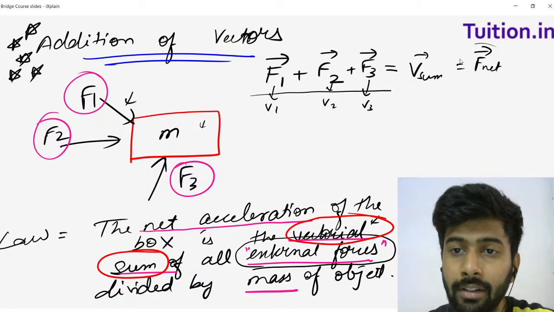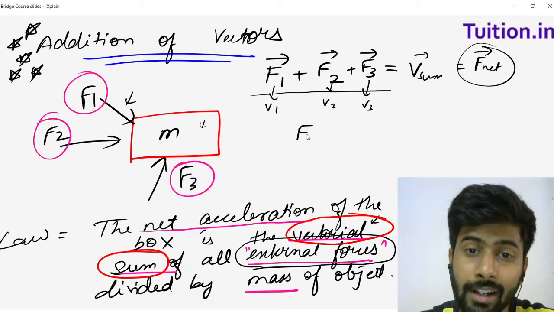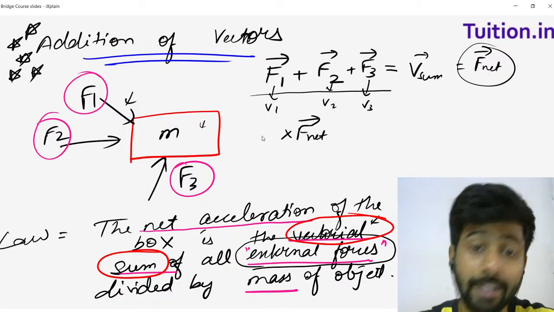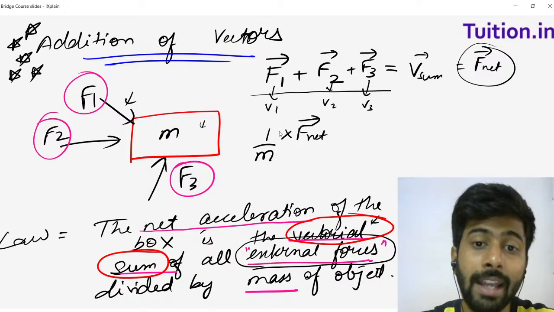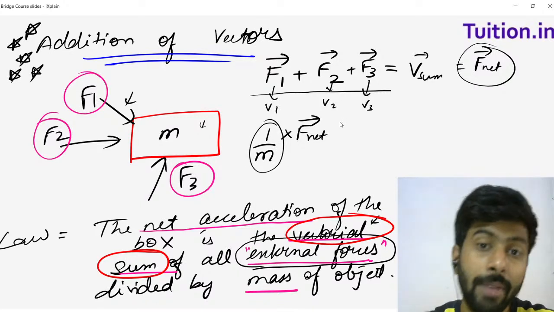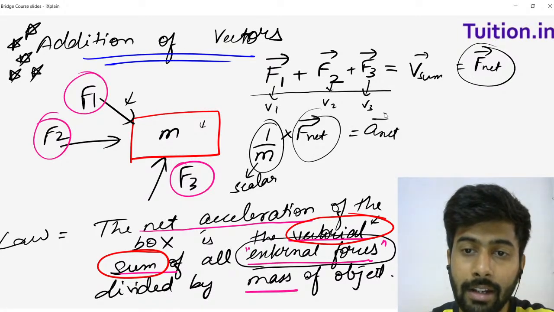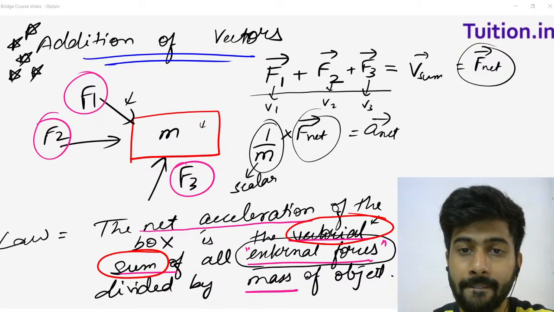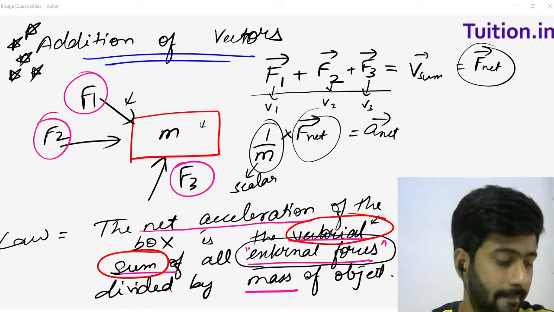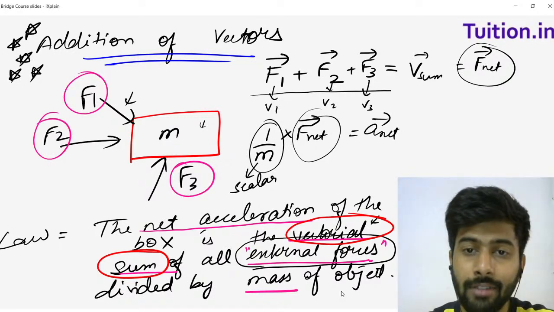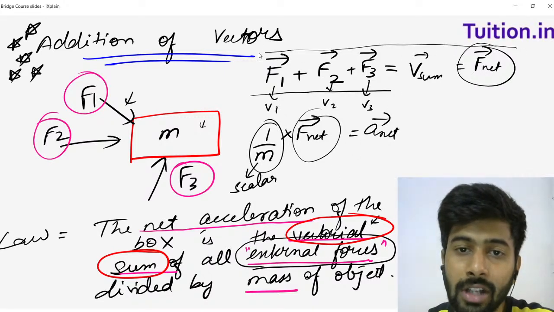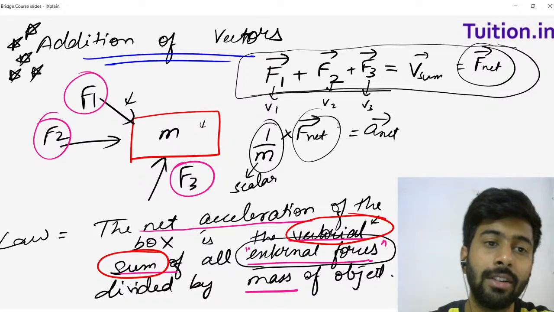This F net is a new vector which has to be multiplied with a scalar, 1 by m, 1 by mass, and only then will I get my net acceleration. So if you do not know how to add the vectors, how will you ever carry this calculation out? How will you get the net external force?